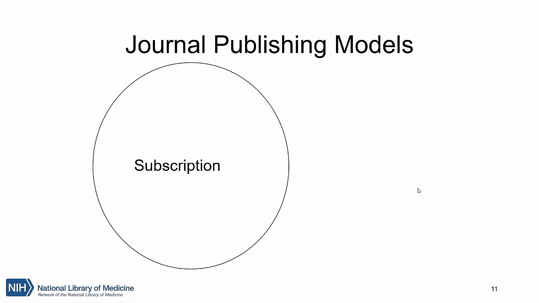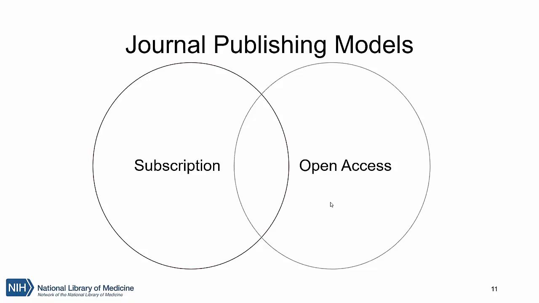First, the traditional subscription model, where the reader or a library pays a fee to access contents of a journal, is still quite common, but it is decreasing in dominance. Next, an open access model, which I'm sure many of you are familiar with, means that the complete contents of a journal are made available under a Creative Commons or similar open access license for no charge.